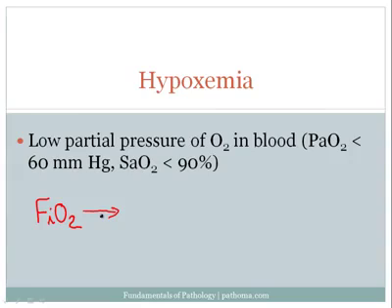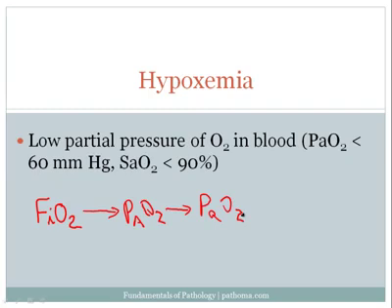And the goal of the lungs is to bring that FiO2 into the alveolar air sacs and to create something called the PAO2, the partial pressure of oxygen within the alveolar airspace. That pressure is used to squeeze oxygen across the interstitium and into the capillaries, which then creates a PaO2, the partial pressure of oxygen within the arterioles.